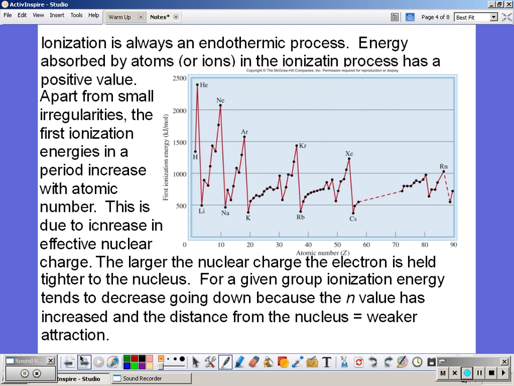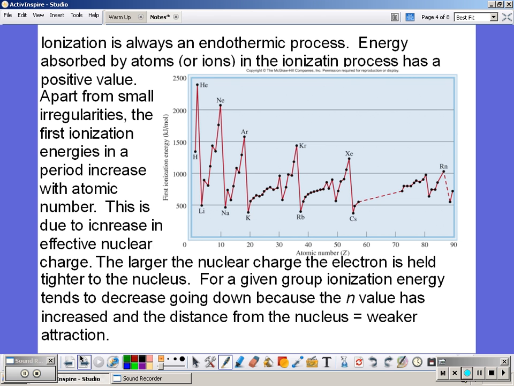Apart from small irregularities, the first ionization energy in a period, so as you move from left to right, increases with atomic number. This is because there's an increase of the effective nuclear charge. The larger the nuclear charge, the more protons you have, so the electron is held tighter to the nucleus.